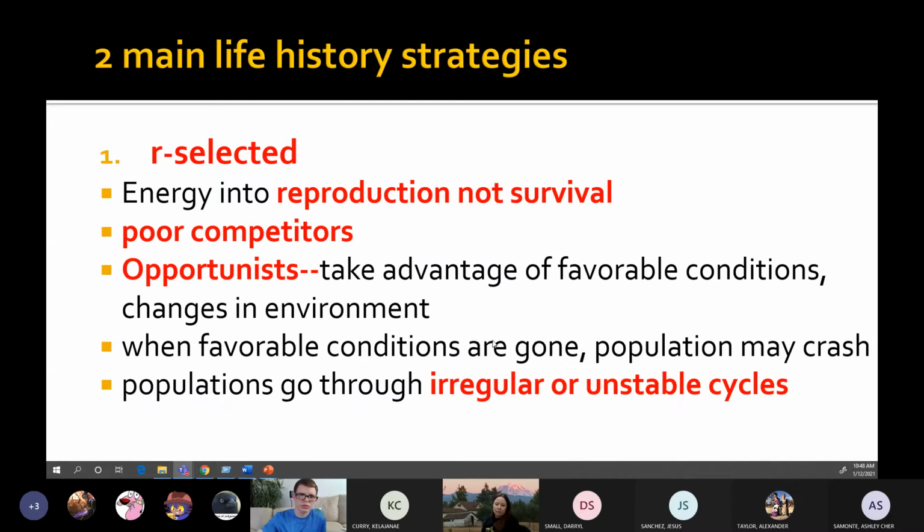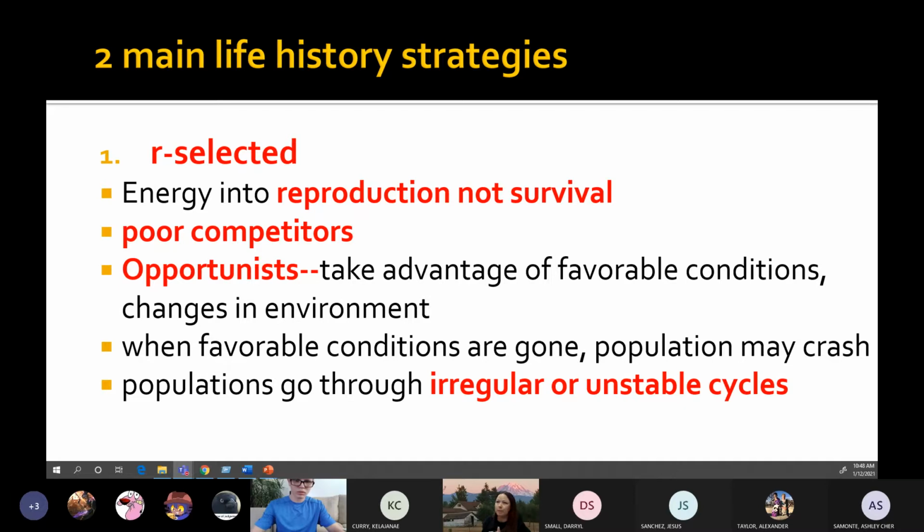So for our selected species, the energy goes into reproduction, not necessarily survival. These are the species that typically have a whole lot of babies, and then sometimes maybe die off. So not a whole lot goes into surviving.